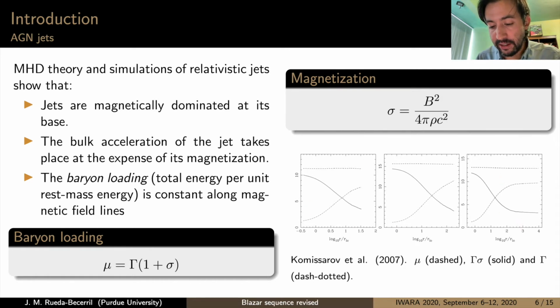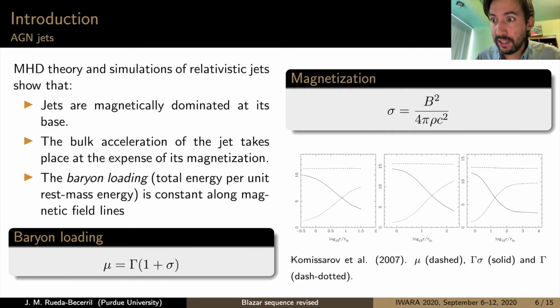We can see that the magnetization drops while the bulk Lorentz factor grows as the jet accelerates far from the core, or from the central engine.